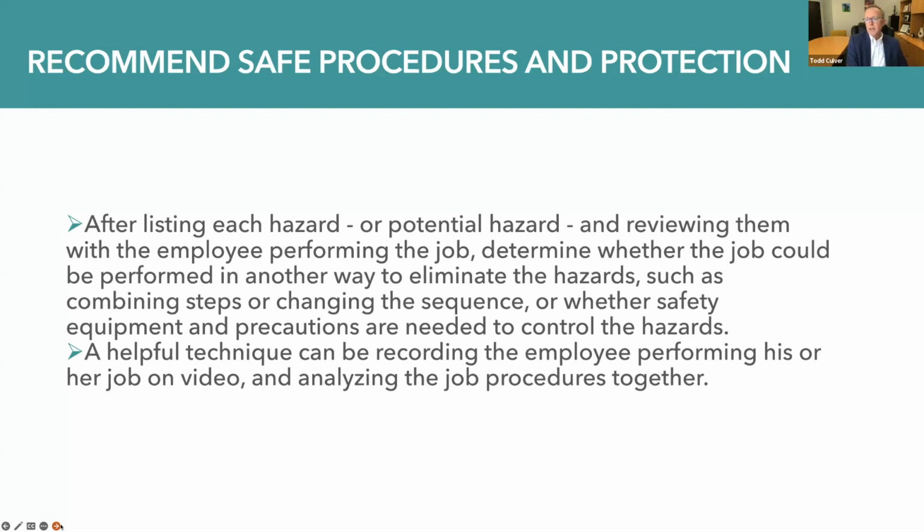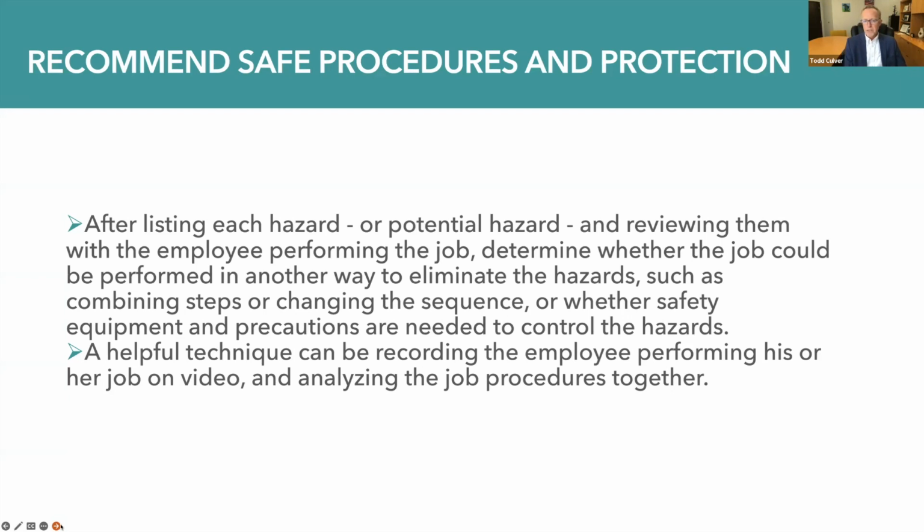Once the general questions have been posed and the tasks have been broken down and questions have been asked to identify hazards, the next step is to recommend safe procedures and protection.